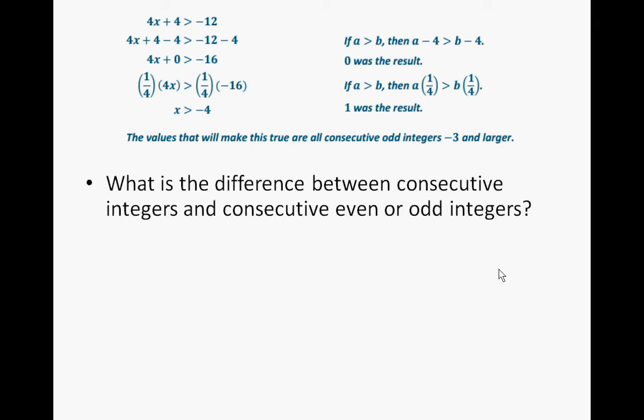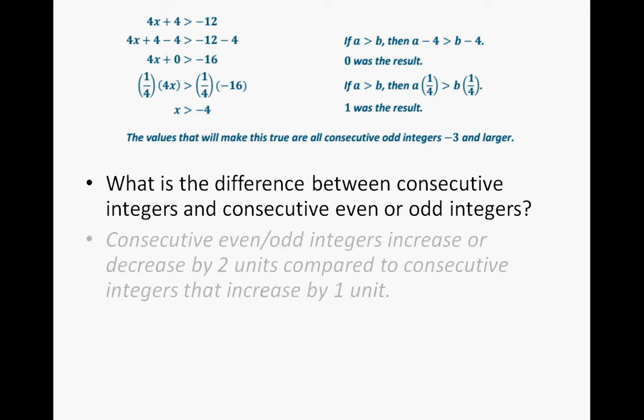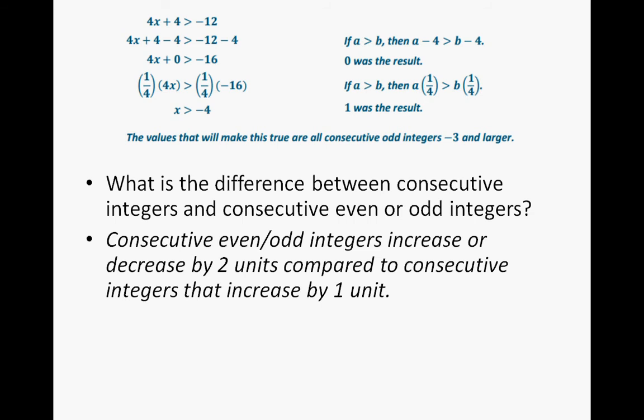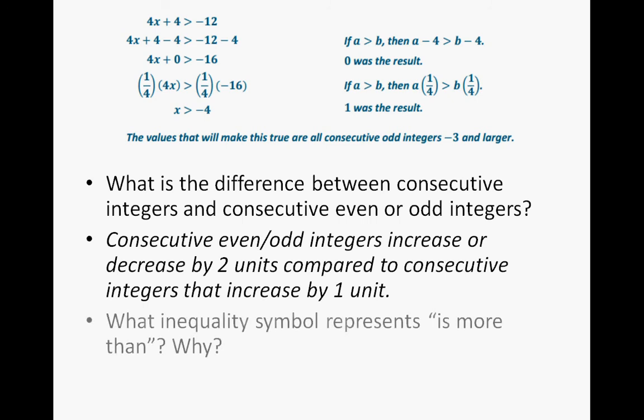So what is the difference between consecutive integers and consecutive even or odd integers? Consecutive odd or even integers increase or decrease by 2 units compared to consecutive integers that increase by 1 unit. So what inequality symbol represents "is more than," and why?